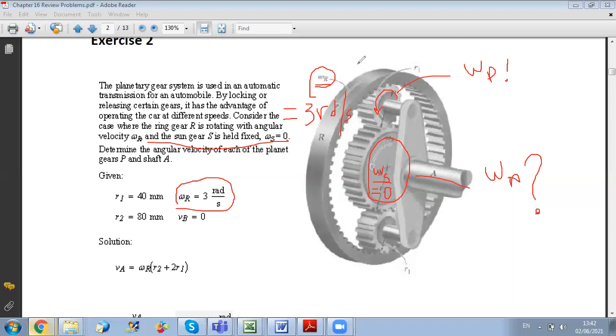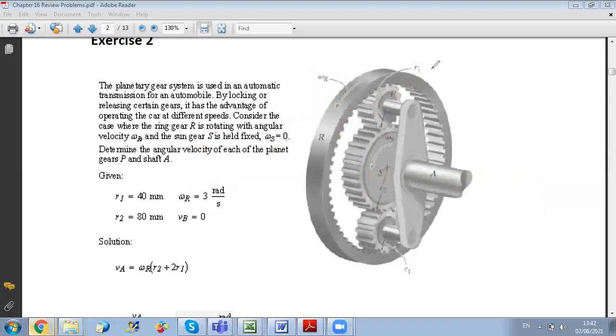Okay, so now the first step to do is to try to look at the figure. Since we are interested first in omega of P, whenever you have a rigid body and you want to find its angular velocity, you should try to determine the velocity of 2 points.